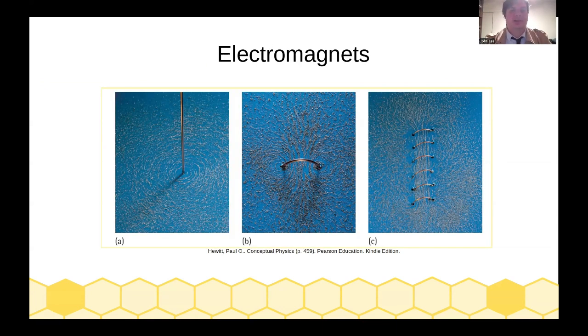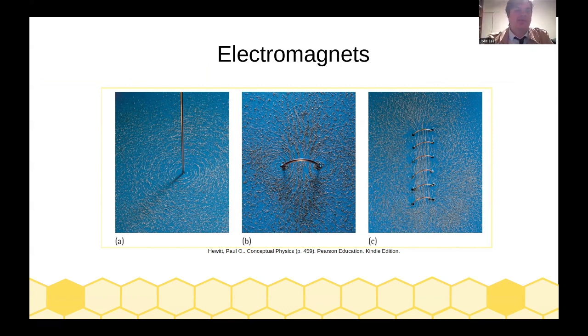We can look at something called electromagnets, which is a magnetic field caused by a current flowing through a wire. If you have a wire which is carrying a current up, and then you go some distance out, you will see that the magnetic field is going to be pointing perpendicular to both of them. As you go out and rotate that radius around, it's going to go around in a circle.